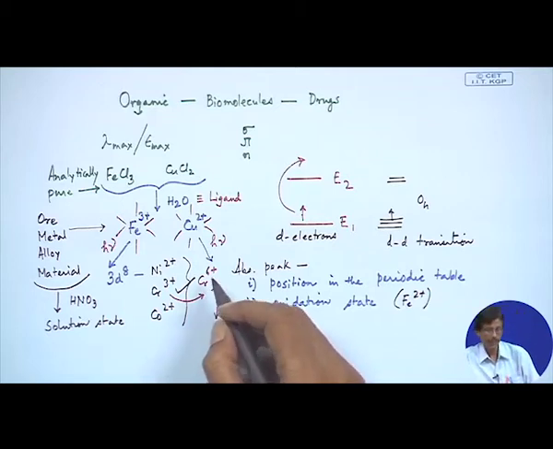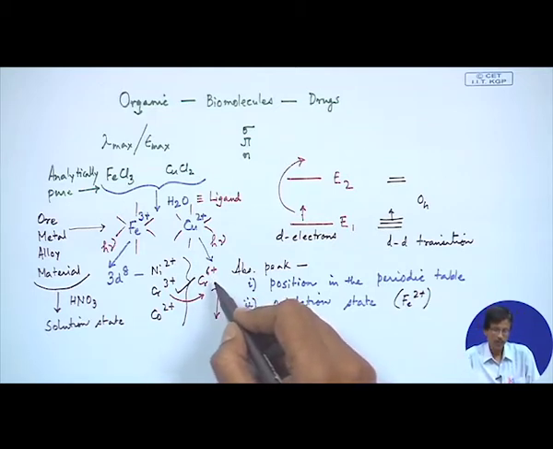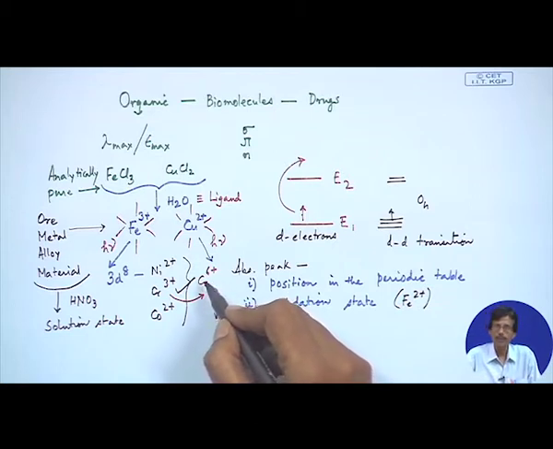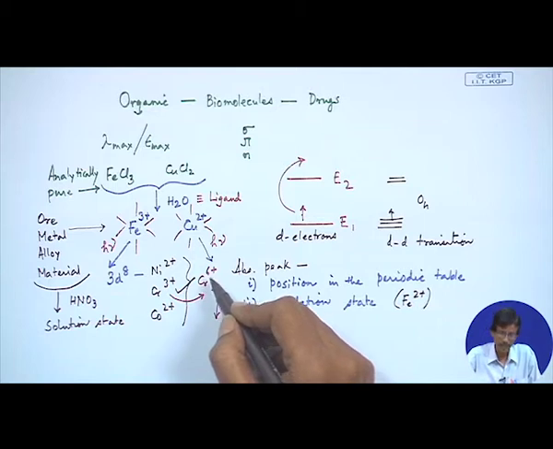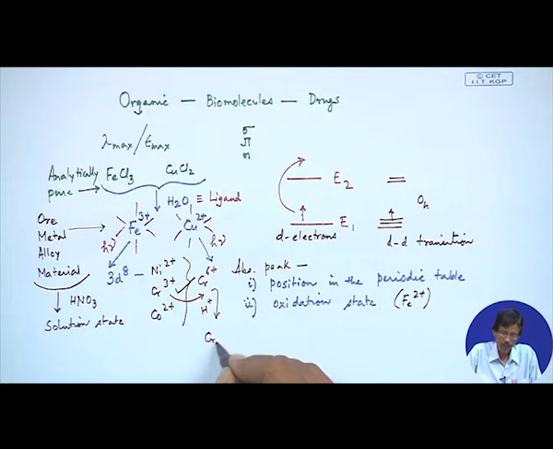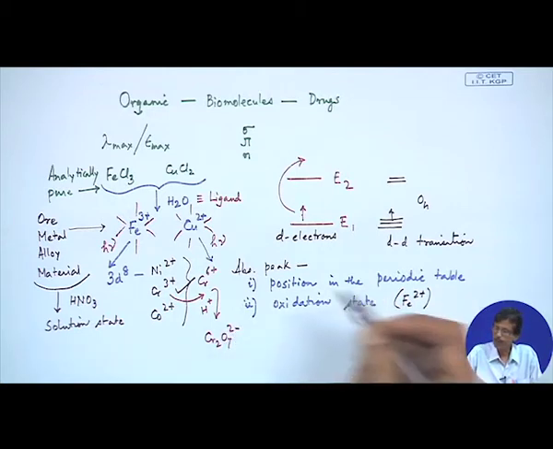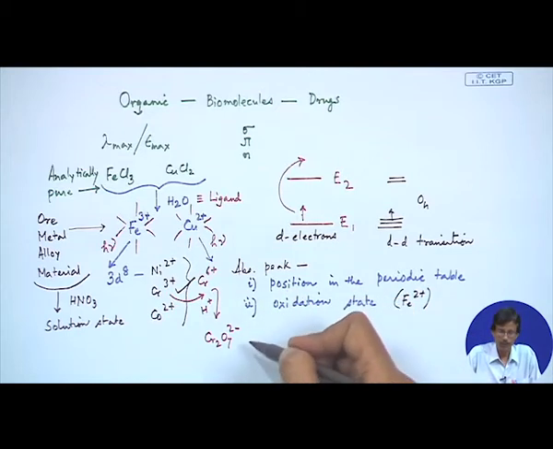Now, they are not present as the bare chromium 6 plus, but in the chromate form. The chromate form is stabilized in alkaline medium. If you acidify it by H plus, it will be converted to Cr2O7 2 minus, that means directly to the dichromate species.